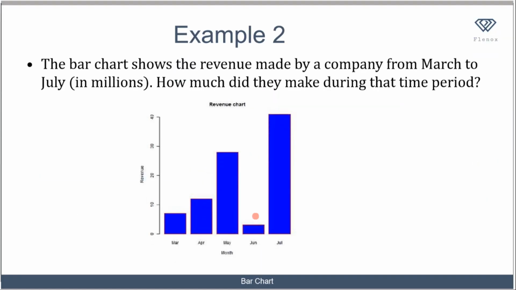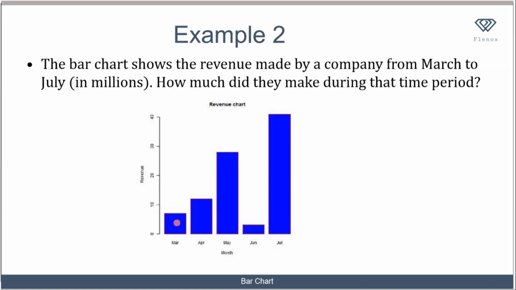So let's look at one example again. Here we are told that the bar chart shows the revenue made by a company from March to July in millions. How much did they make during that time period? As we've been discussing, the vertical height represents the frequency. In this case the frequency represents the revenue.